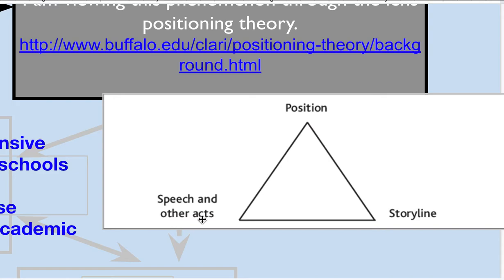But I can open a position for you as a capable student, as an unprepared student, as a colleague, as a fashionista, and you can make moves that either step into or don't choose to step into that position. But the power dynamic between us is going to affect what positions I open for you, and the level of coercion with which you wind up in there.